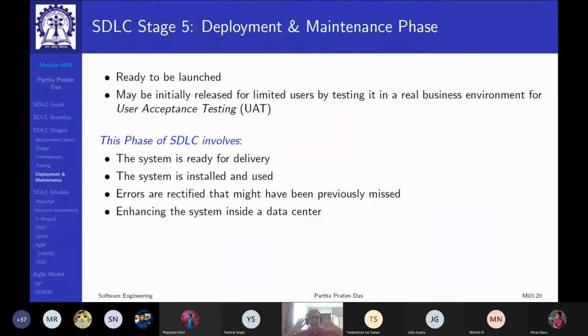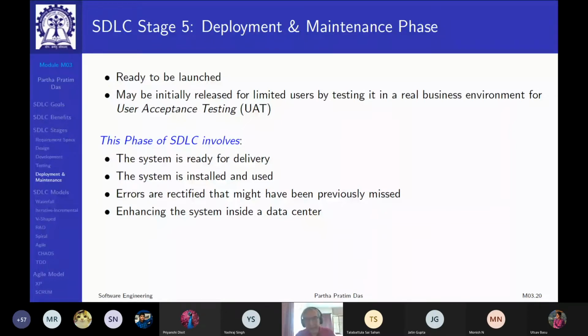So that is how you go to deployment, and then immediately the maintenance phase starts, because subsequently if there are problems reported, you have to go and fix them. Hopefully they are small problems. If there are bigger problems, you may have to trace back multiple stages, at times even back to the requirement stage, to fix a problem, in which case your company is going to lose an enormous amount of money.